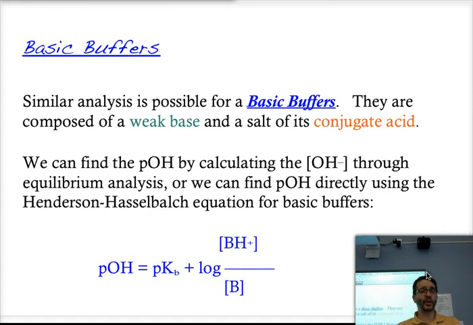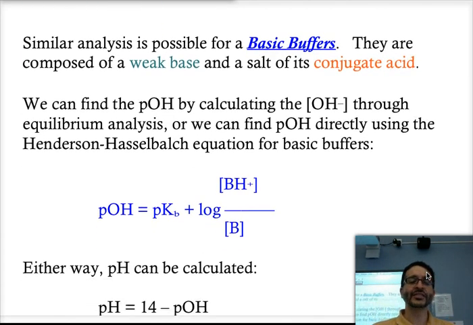Basic buffers are made with a weak base and the salt of its conjugate acid. It's exactly the same process, except that the Henderson-Hasselbalch equation takes the form of the pOH.